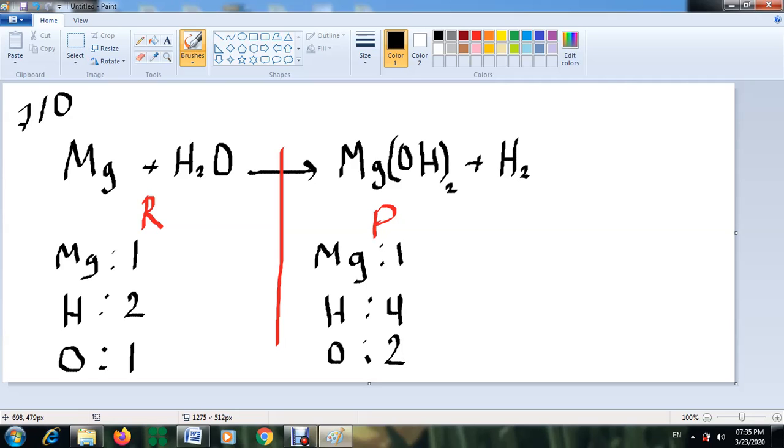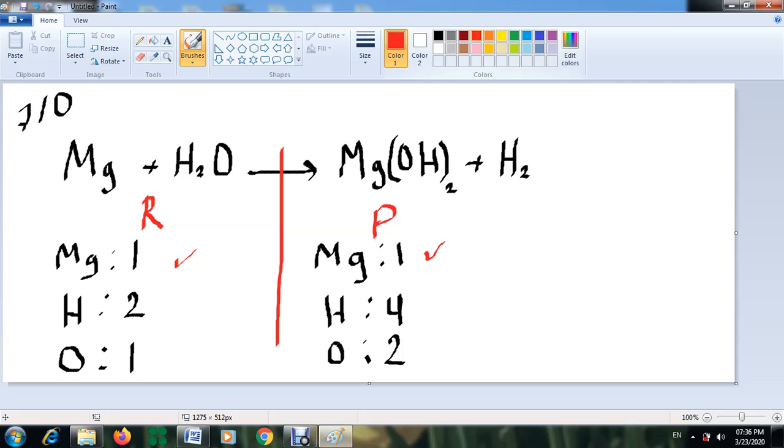To start balancing, we started with magnesium. Magnesium is the metal, so in both sides we have the same number of magnesium atoms. So magnesium has been balanced. For hydrogen now, we start with non-metal, hydrogen, then oxygen. In the reactant we have 2, in the product we have 4. How to make 2 into 4?